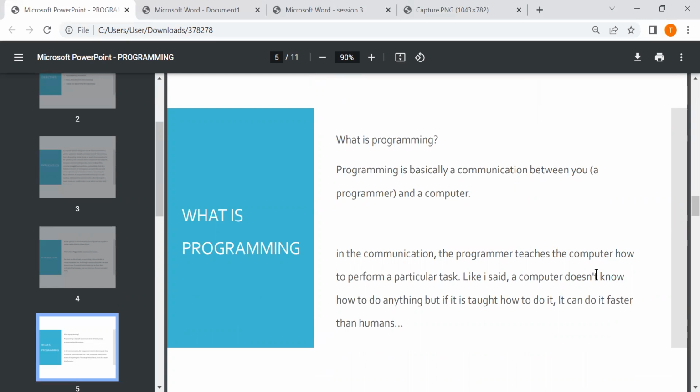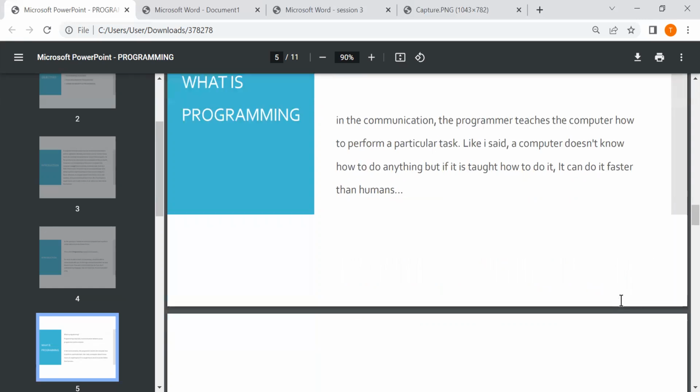So it's just a communication. If someone says I'm programming, all the person is trying to say is I'm communicating with the computer. In the communication, the programmer teaches the computer how to perform a particular task. Get it? Like I said, a computer doesn't know how to do anything. But if it is taught how to do it, it can do it faster than human beings.